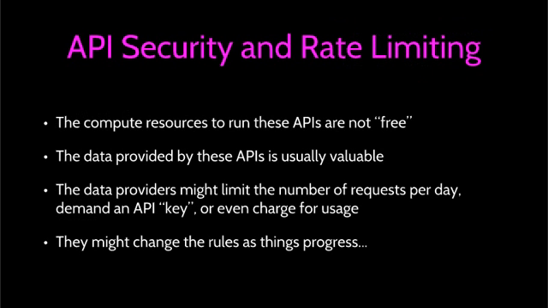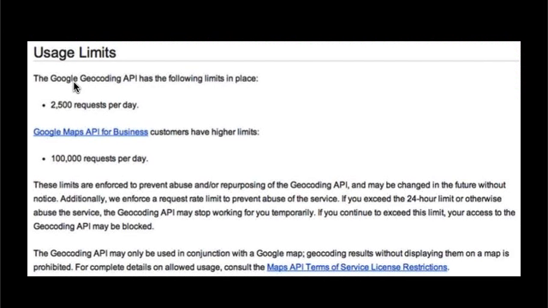Therefore, they generally generate something called API authentication. There are multiple ways of API authentication, and every service gives you a limitation of how many calls you can make. For example, Google gives 25,000 requests per day, while for Google Maps for Business, after you buy it, they give you 1 lakh requests per day.